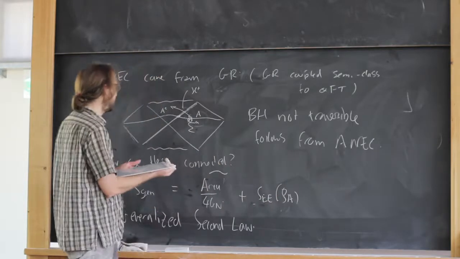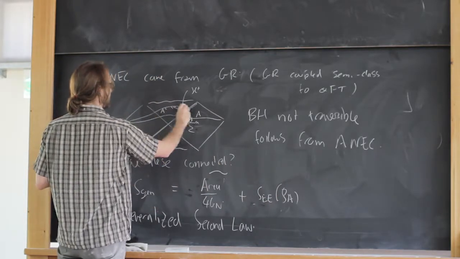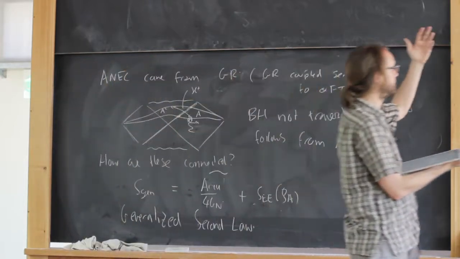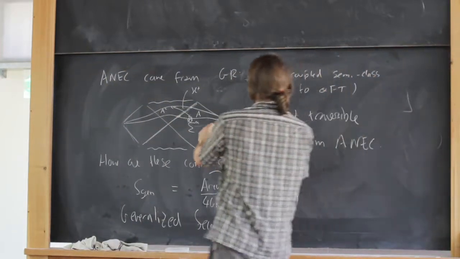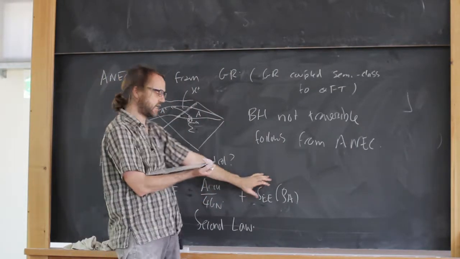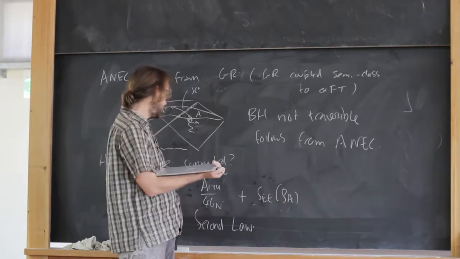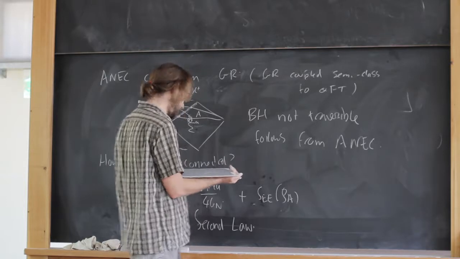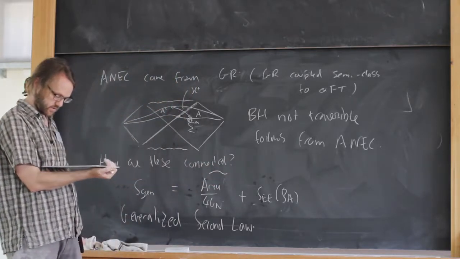If I take two slices, this slice and a later slice, then for the same reason, the same picture I was drawing before, you lose the information of this matter at a later time. That's like the entanglement entropy decreasing, yet the area of the black hole will increase to compensate. That's the statement of this generalized second law.